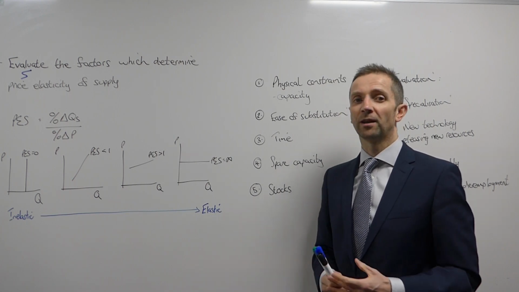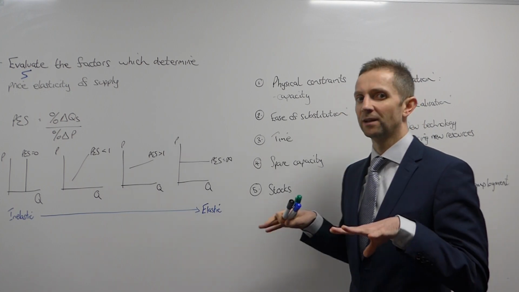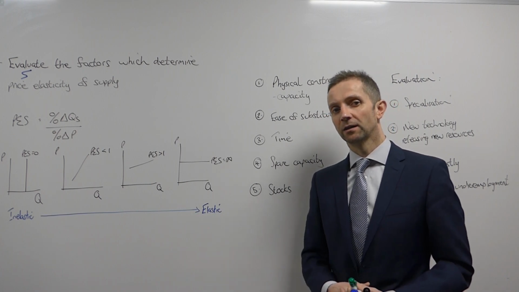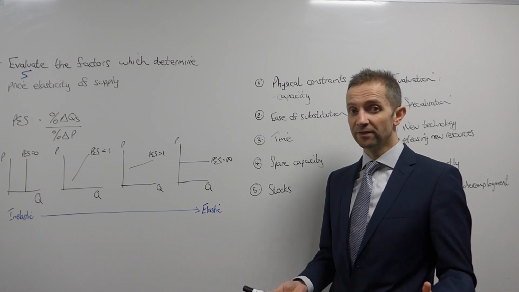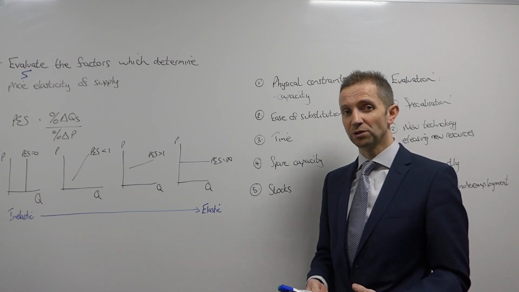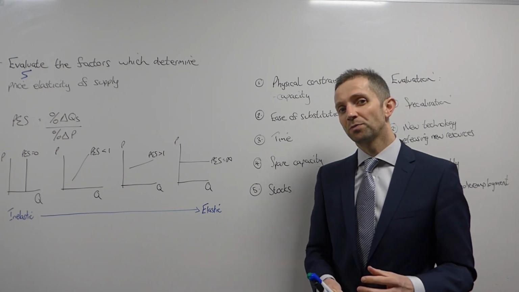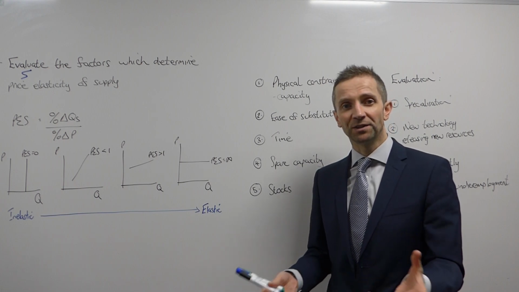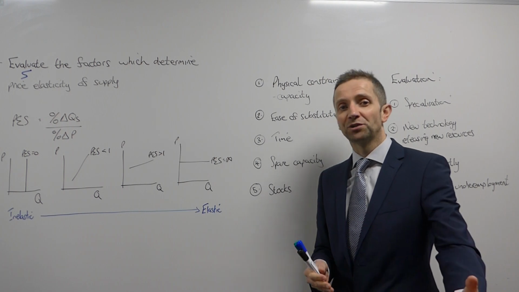If you're planning next year's harvest or the harvest after that, what is planted today will determine what you reap in a year's time, 24 months' time. However, if you know in advance and you're given a much longer lead time, then you can make sure that you are much more able to respond to requests for increases in supply because you're given that much longer preparation time.